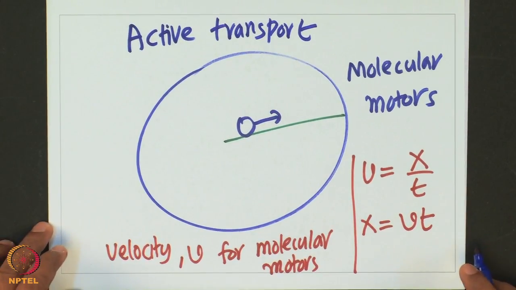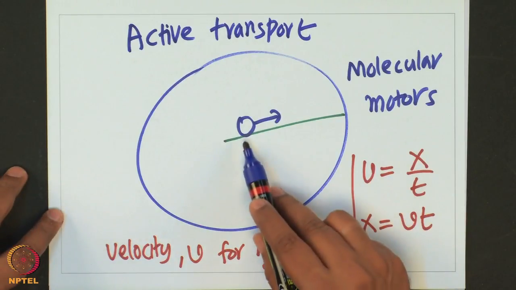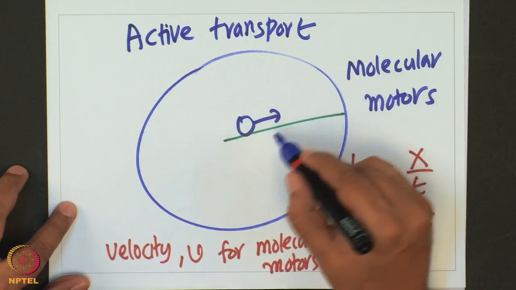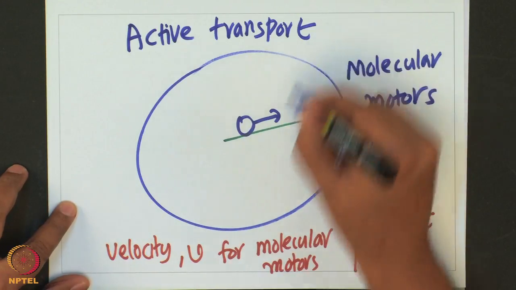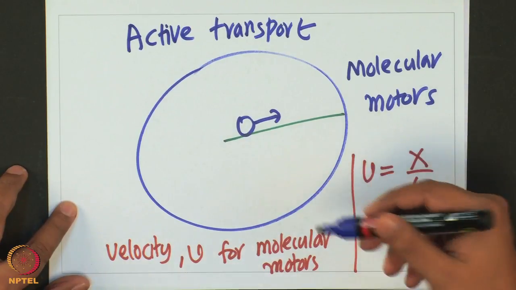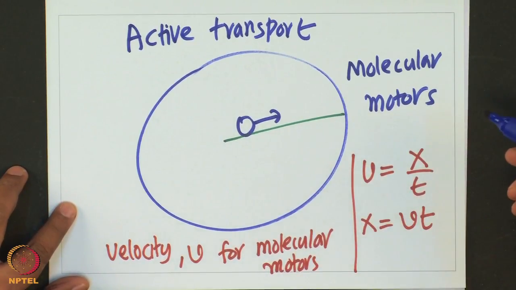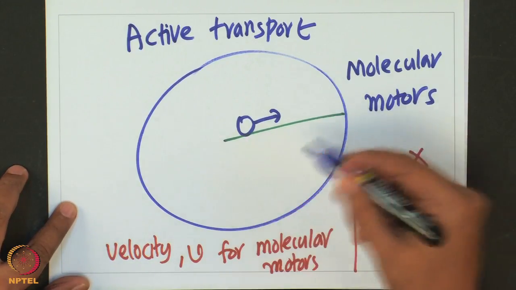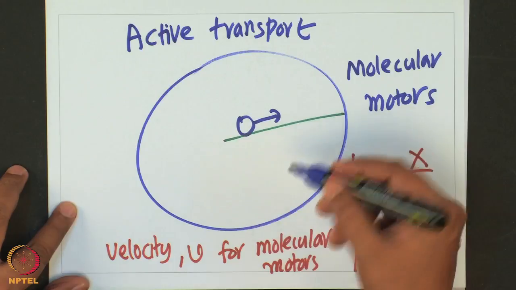What do I mean by active transport? This is transport by molecular machines. They apply some force and carry something. So there is a force typically applied. They use energy from ATP hydrolysis or the food we eat, and it transports things. Typical molecular motors move along microtubules.